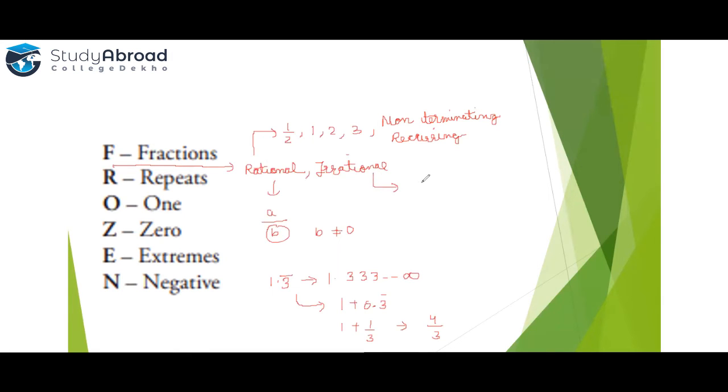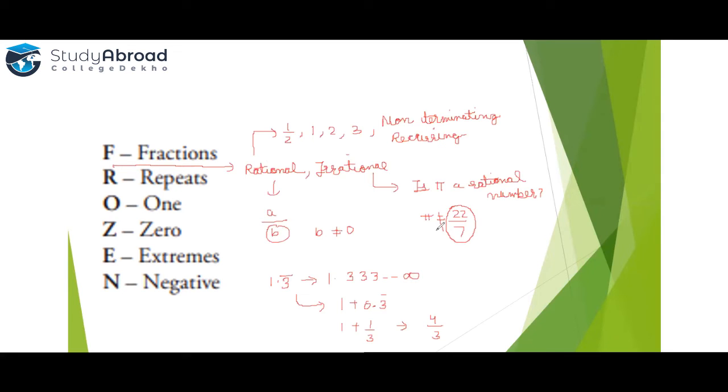So my question now is, is pi a rational number or an irrational number? Now many of you might say that pi is a rational number. Why? Because we know that the value of pi is 22 by 7, so it is represented in fraction form, so pi is a rational number. But that's wrong, right? Pi is not a rational number. Why? Because this value 22 by 7 that we are taking is for our calculation simplicity.